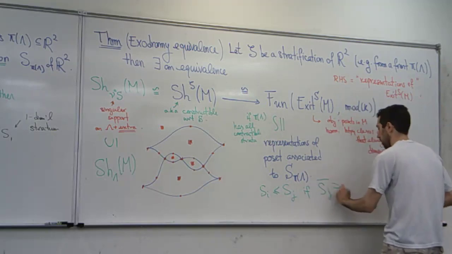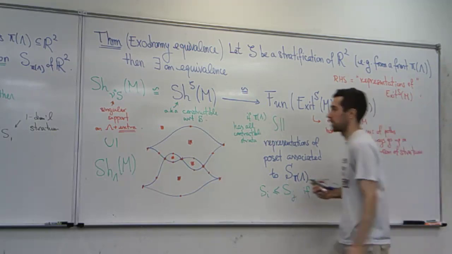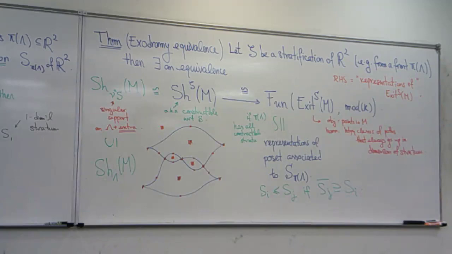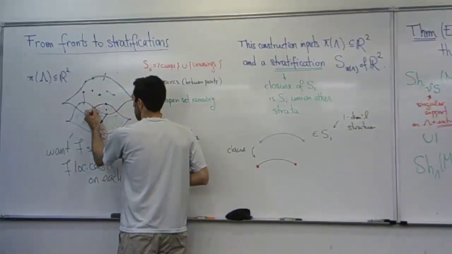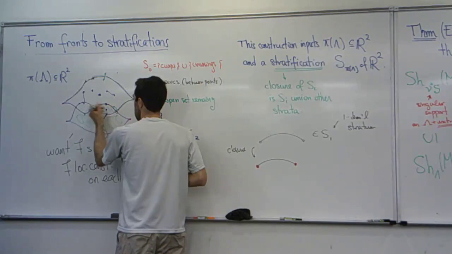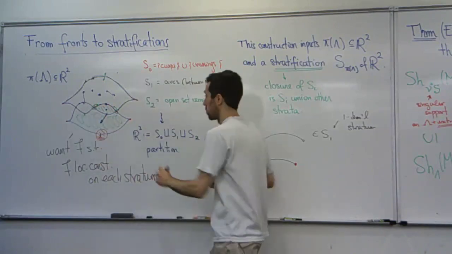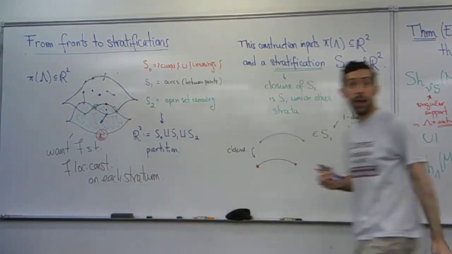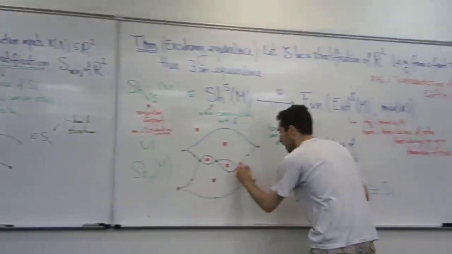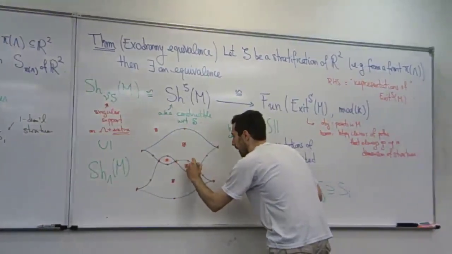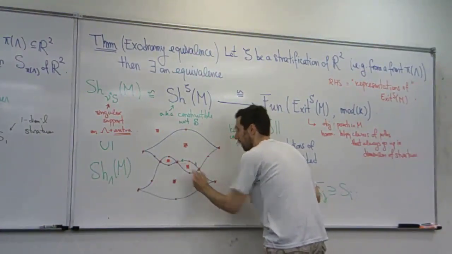So the closure of Sj includes Si. For instance, if you take this arc over here, as we were doing before, these two points are going to be inside its closure. So these two are going to be less than that guy. So for instance, these two dots in here are less than this guy.